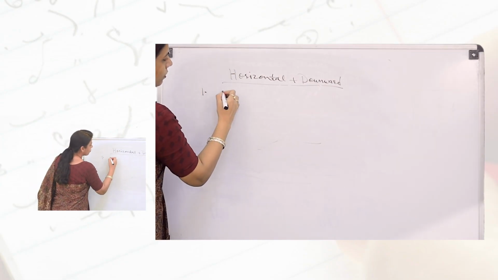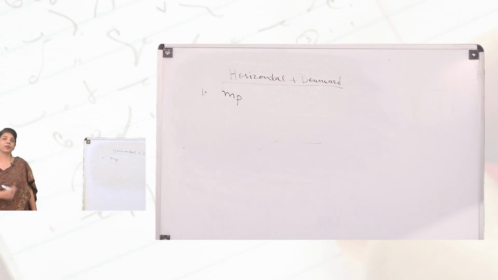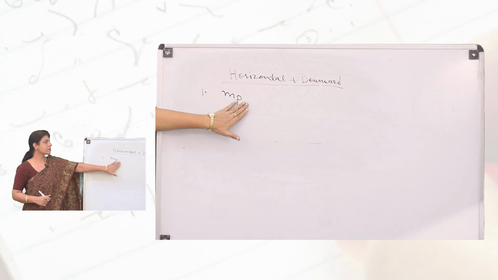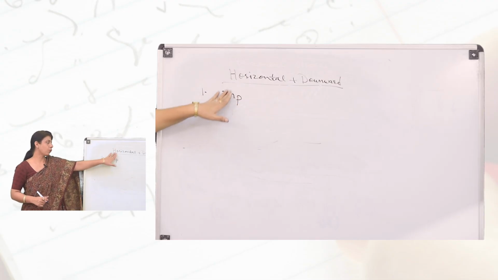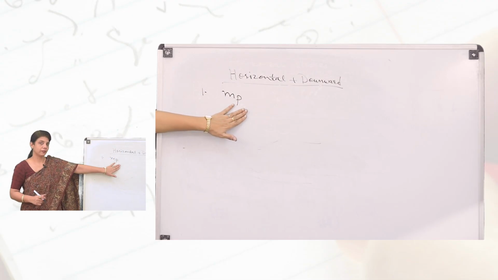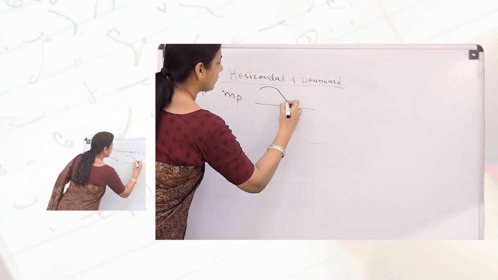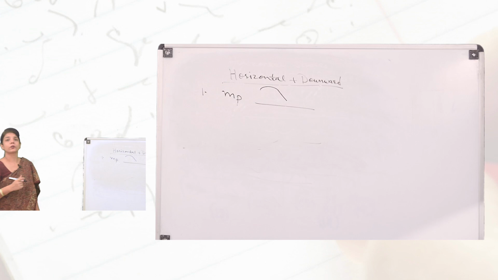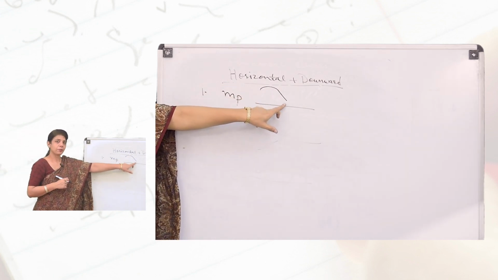Suppose horizontal is M, and P is a downstroke. So if we have to join horizontal plus downward at first place, we have to make sure that both are written above the line. This is a joining of horizontal plus downward at first place. M, P.